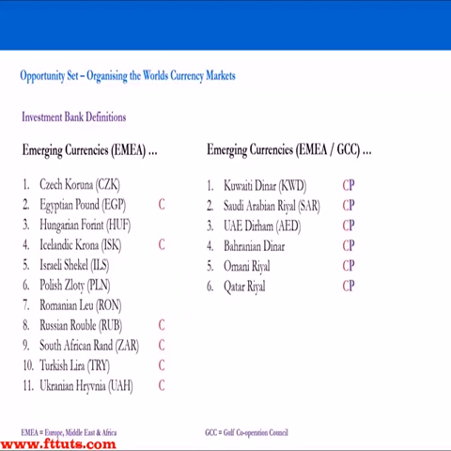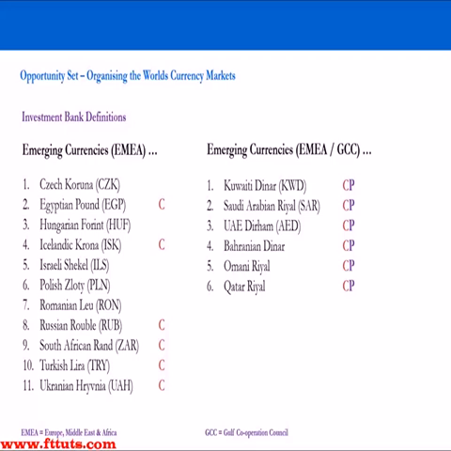The other definition that we look at with investment banks, retail brokers, is in emerging currencies. So we're talking about countries here whose economies are small and growing at a high rate, or should be growing at a high rate, and they're defined as emerging currencies.